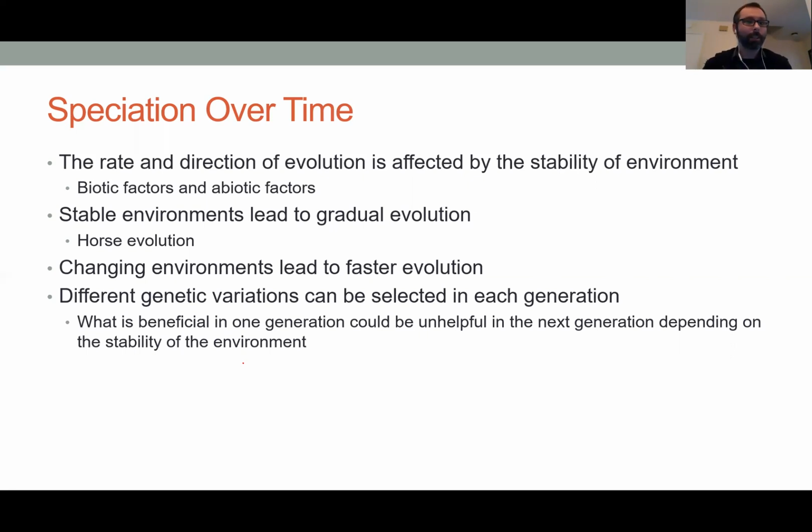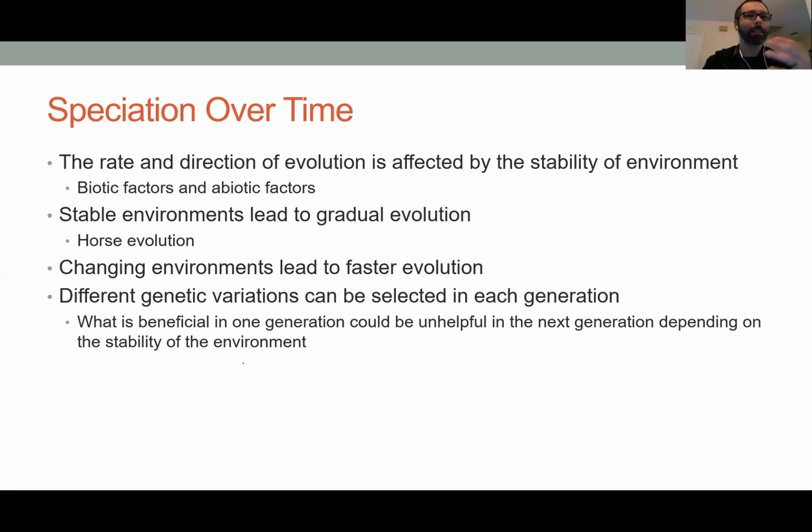But also, if there's a lot of fluctuation, maybe a few generations down the line, what was the new beneficial trait becomes unhelpful and a new trait becomes beneficial. Or to really get it crazy, what if the original trait becomes beneficial again, right? So in the beginning, you have a trait that was beneficial, the environment starts changing, suddenly there's a new trait that's better, but then the environment continues changing, and maybe that original trait is now the better one again.